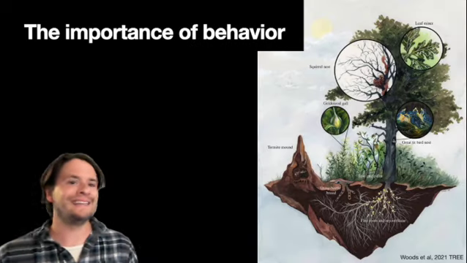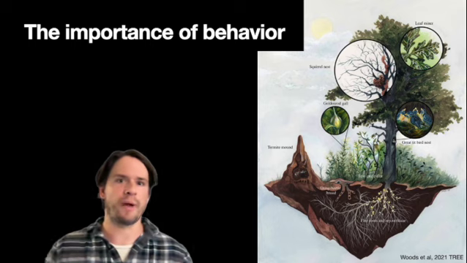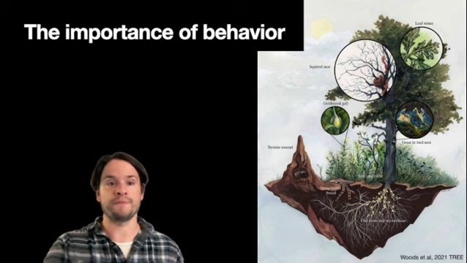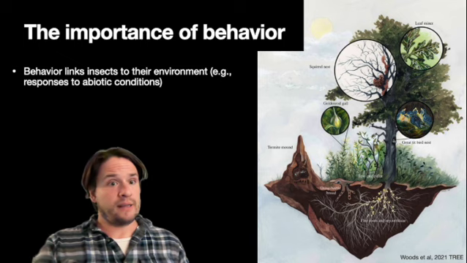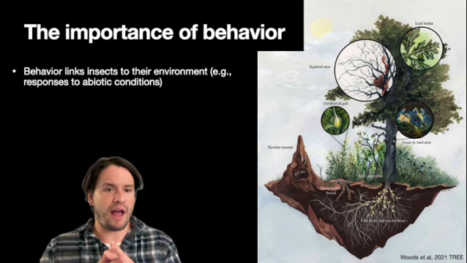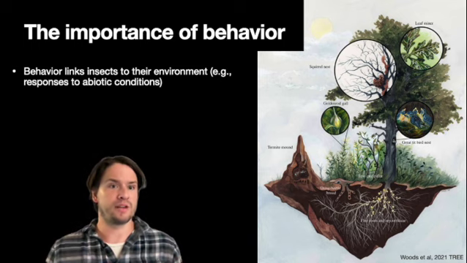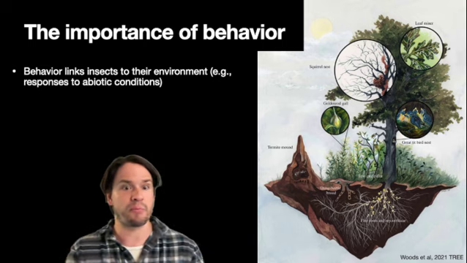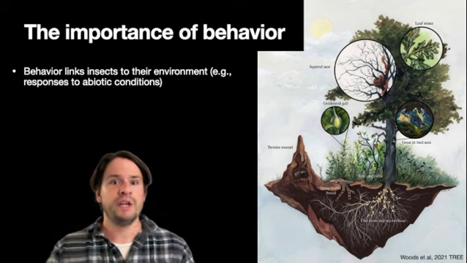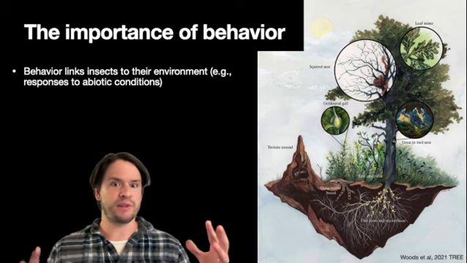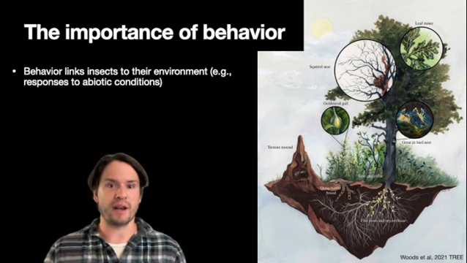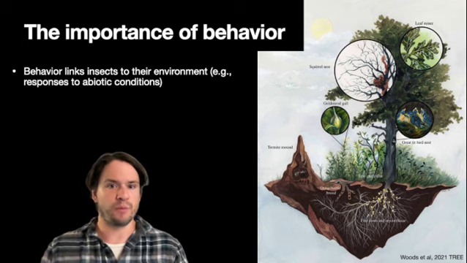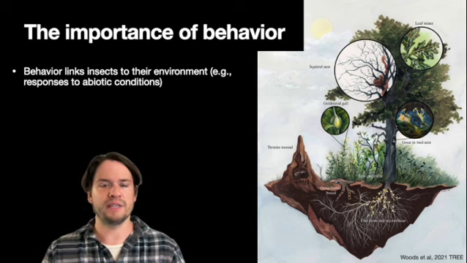So why, in an insect ecology class, are we going to spend time talking about behavior? There are a lot of reasons for that, but one is that behavior really provides the key link between insects and their environment. For example, I really like this diagram from a paper from a couple of years ago, highlighting, on a small scale, microclimatic variation. Here, a tree with the associated soil and a termite mound nearby.